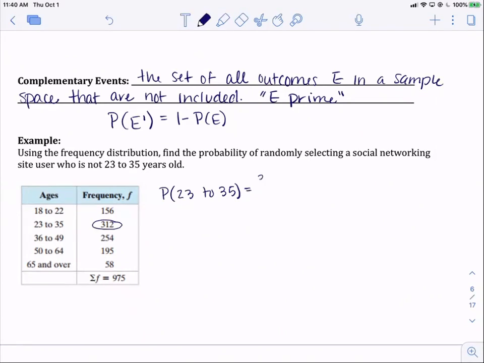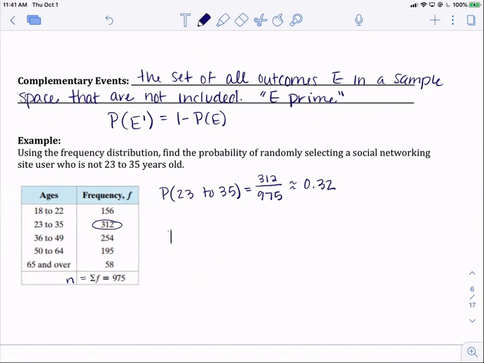So this is going to be 312 over our total frequency, which is the same thing as our N. So 975. And if we calculate that, we get 0.32.